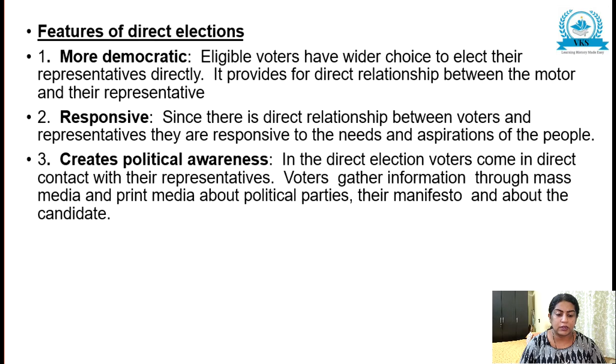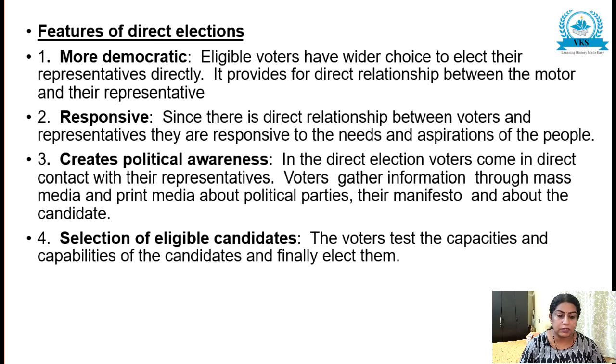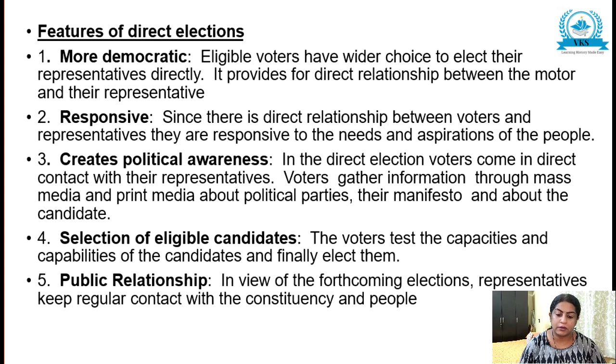In the direct election, voters come in direct contact with their representatives, and voters gather information through mass media and print media about political parties, their manifesto, and about their candidate. Selection of eligible candidates. The voters test the capacities and capabilities of the candidates and finally elect them. Public relationship. In view of the forthcoming elections, representatives keep regular contact with the constituency and the people. So all these are the features of direct election.